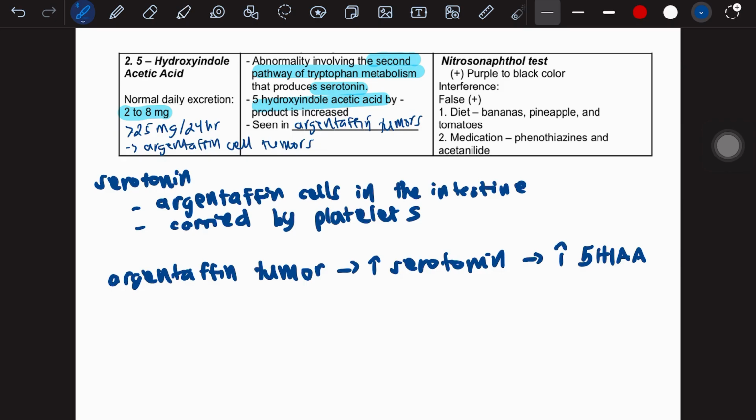For the methods of testing, we have your nitrosonaphthol test. Positive result is purple to black color.